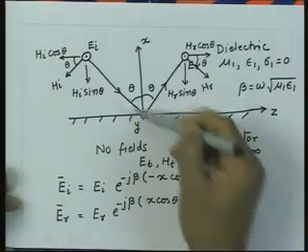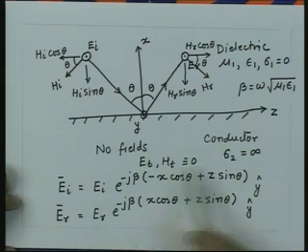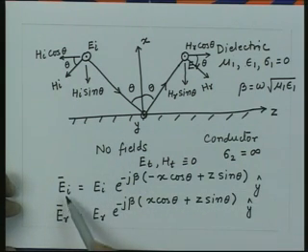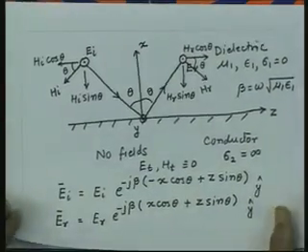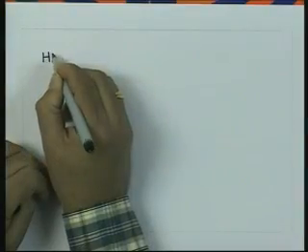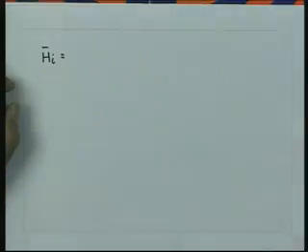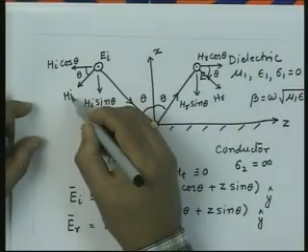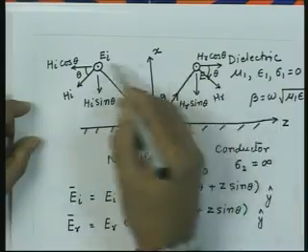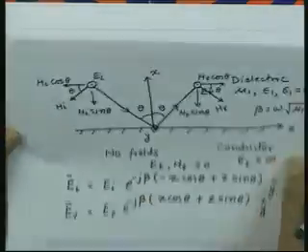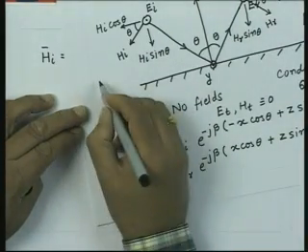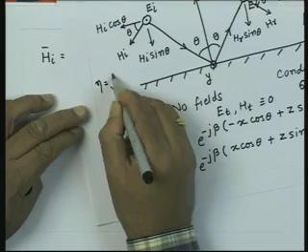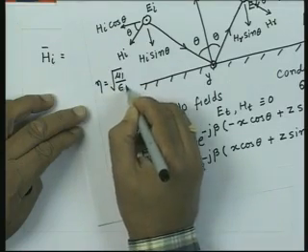Once you know the angle of incidence, we can generate this phase function, and then write down the expressions for the incident and reflected electric fields. Same thing we can do for the magnetic field also. So, we now have the incident magnetic field H_I, that is E_I upon eta, where eta is the intrinsic impedance of this medium, equal to square root of mu 1 upon epsilon 1.